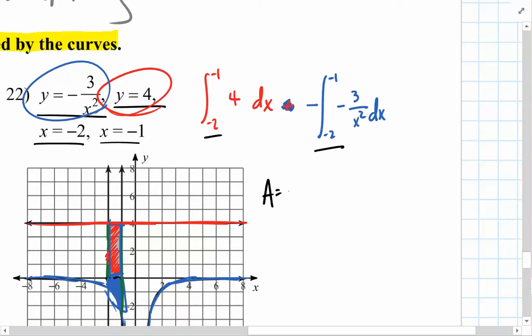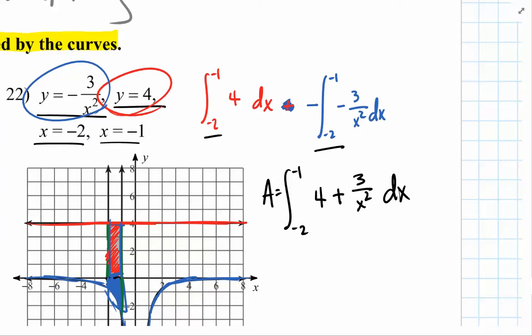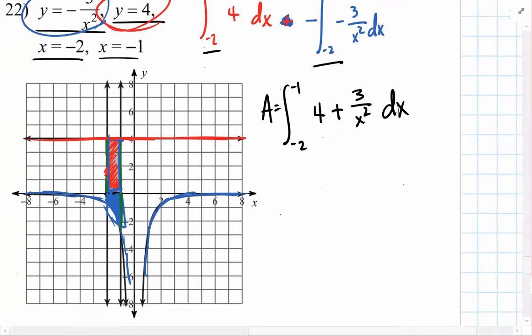So the area would be equal to the integral from -2 to -1 of 4 minus -3 over x squared with respect to x. Now this turns into an equation that we have had lots of practice integrating, and I'll continue doing that without commentary.